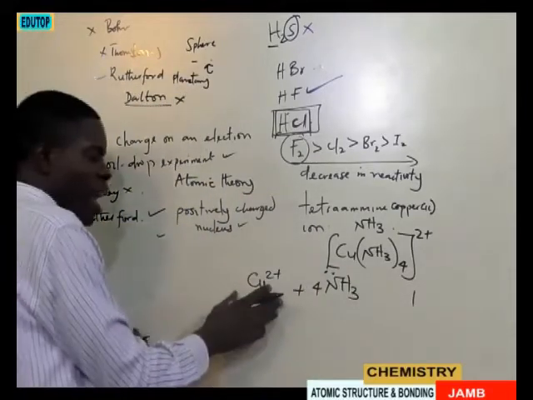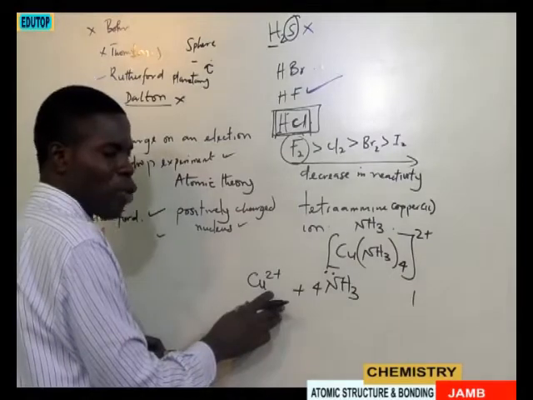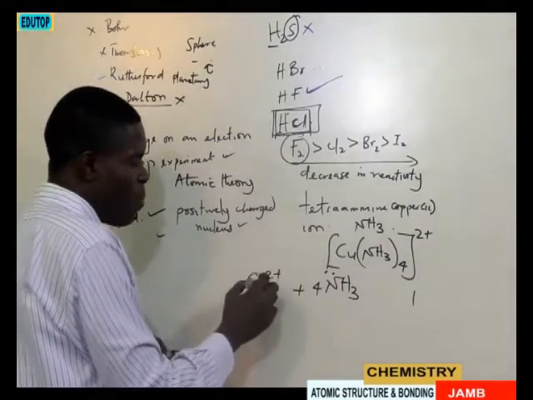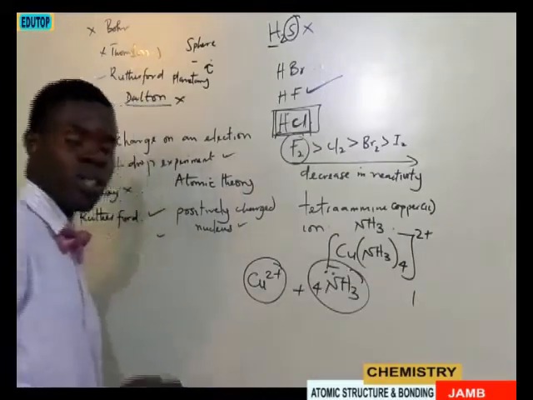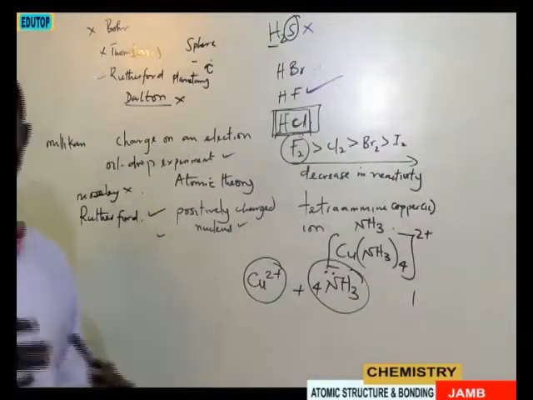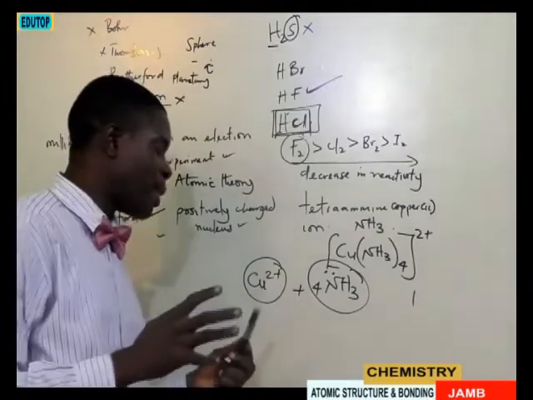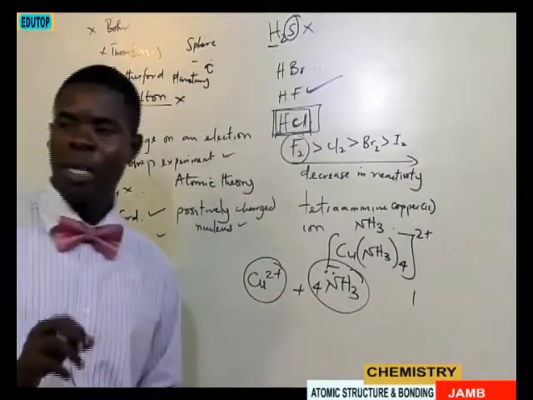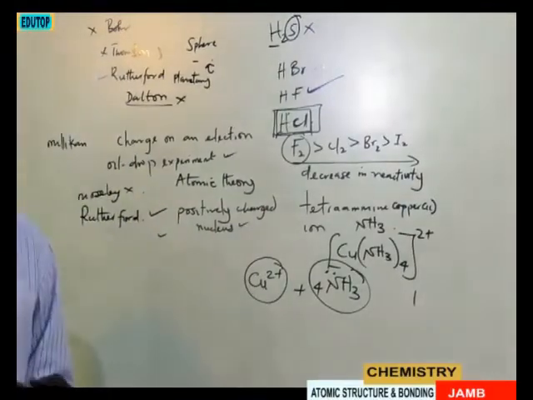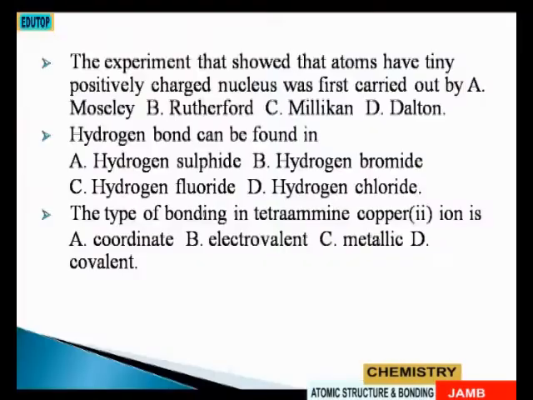And this one is a metal ion, and it is evident as you are looking at it. So the interaction between a metal ion and a nucleophile is a dative, that is coordinate covalent combination. And there will be no other option other than option A, which is coordinate.